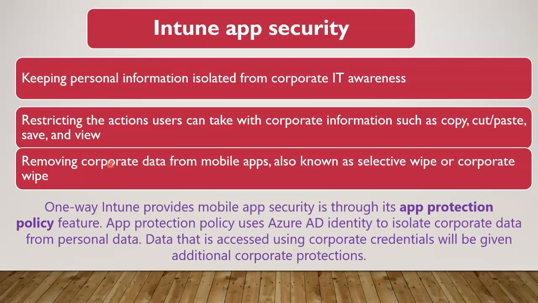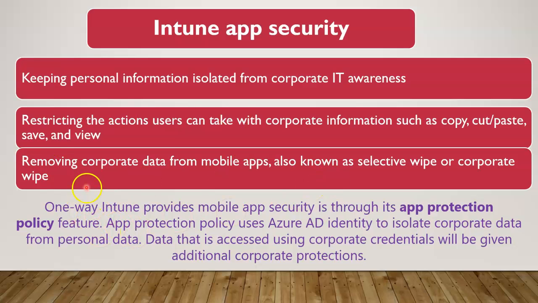Let's say you have an email which has critical or sensitive data, or maybe it's in Excel, Word or PowerPoint, and you copy that text and want to paste it into your personal data, which we want to block. That's how the isolation works when it comes to app security or app protection policies.